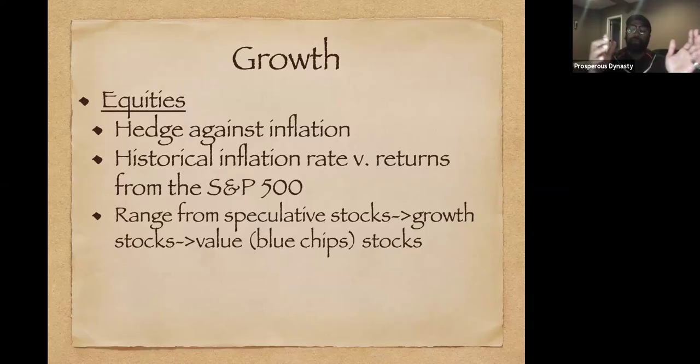If you put your money into the stock market, specifically the S&P 500 or any of those stocks, you're going to typically outpace inflation and your money's going to grow, right? And this ranges from your speculative stocks, which we'll talk about in a second, to growth stocks, which we typically expect to grow more than where they're at now, versus our value stocks, our blue chips, right? So we look at companies like Tesla, which is a growth stock still.